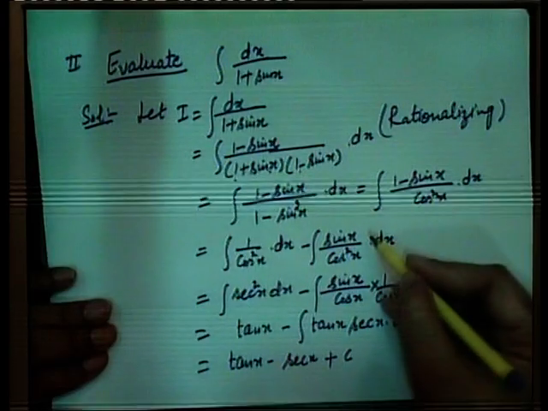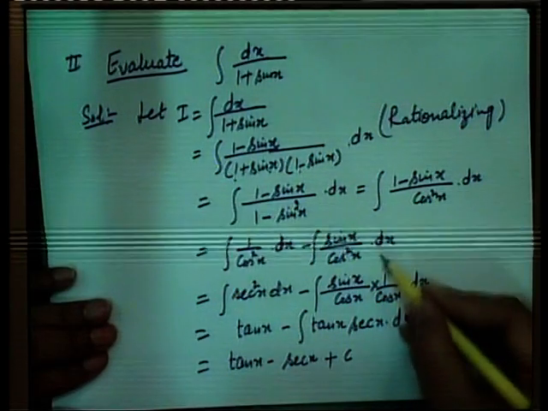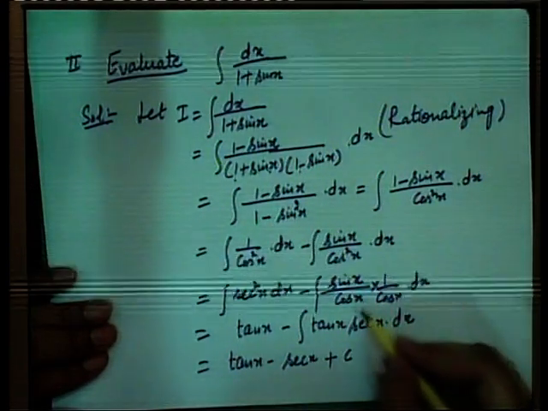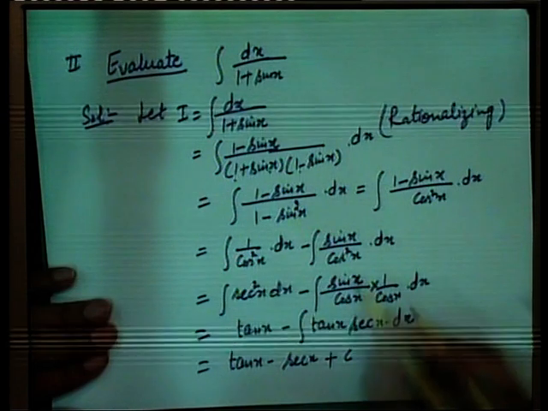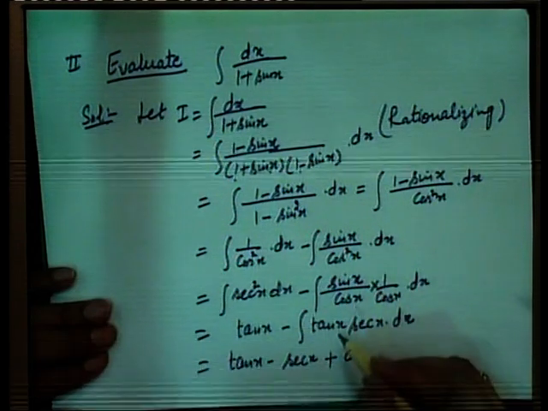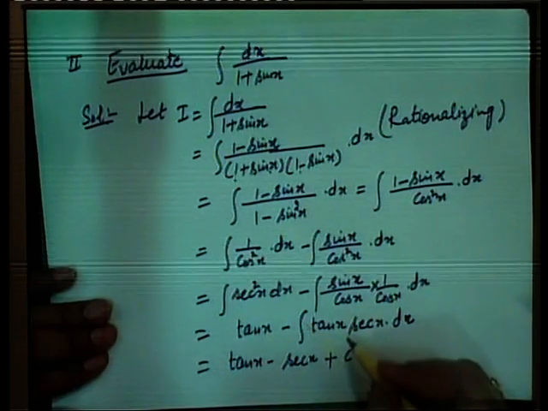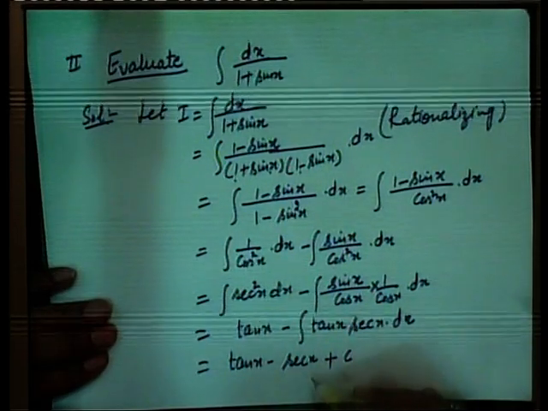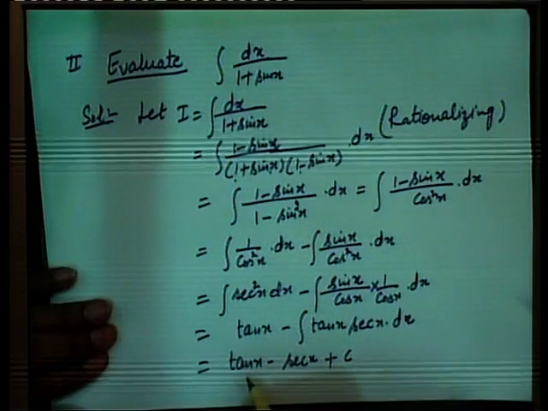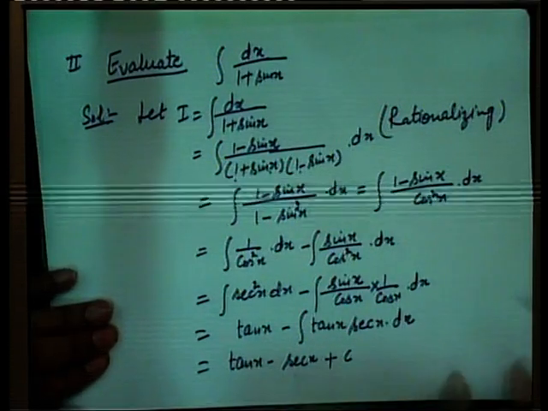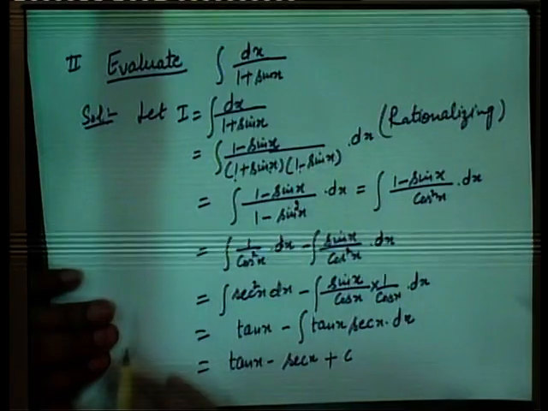In the second integral, in the denominator we have cos square x, we split cos square x as cos x into cos x. Sin over cos becomes tangent and 1 over cos x is secant x, and the integral of tangent x secant x is secant x. Thus, we get the answer as tangent x minus secant x plus c, where we know c is a constant of integration.